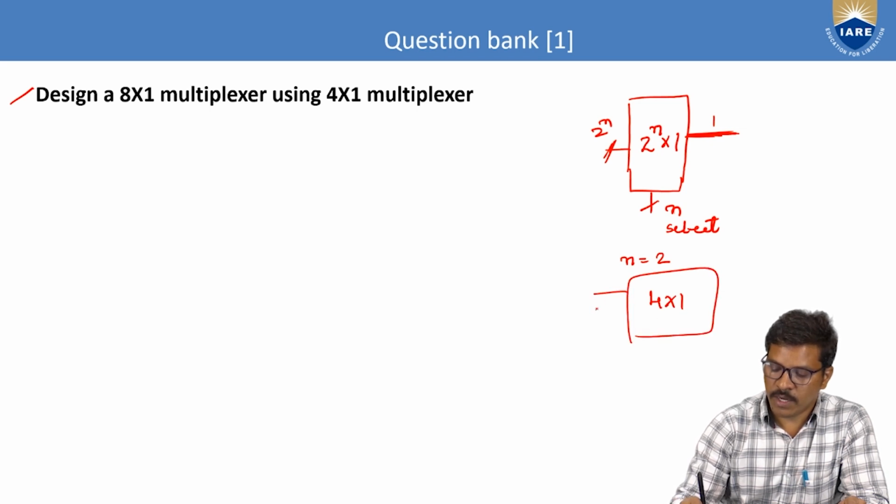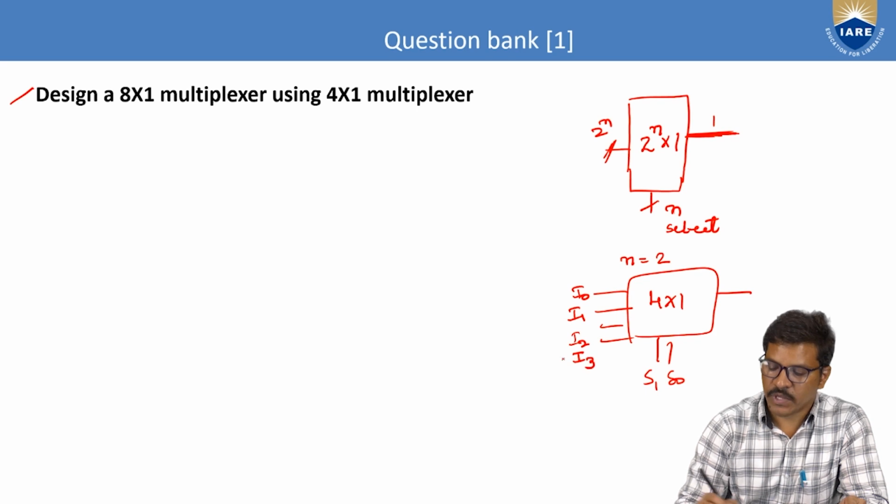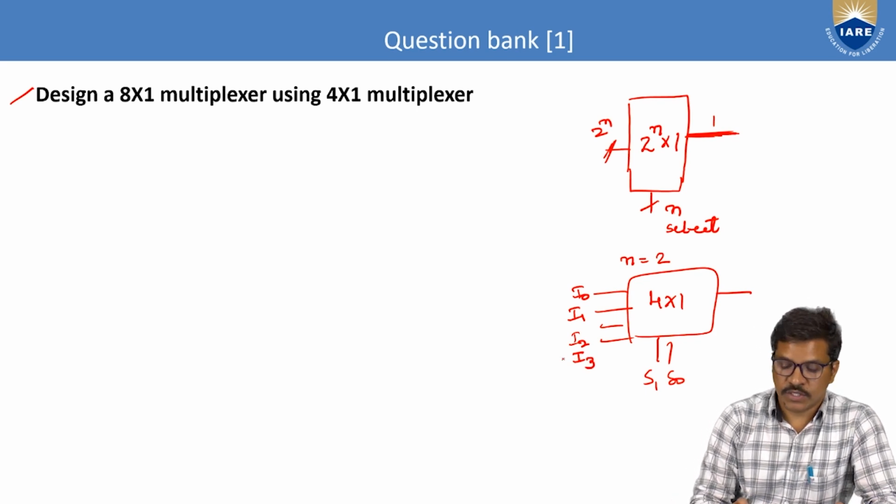In the 4x1 multiplexer, 4 inputs are there, 1 output and 2 select lines. So this is nothing but a multiplexer. Once you understand this, then for example, you have to implement this kind of problem: design an 8x1 multiplexer using 4x1 multiplexer.